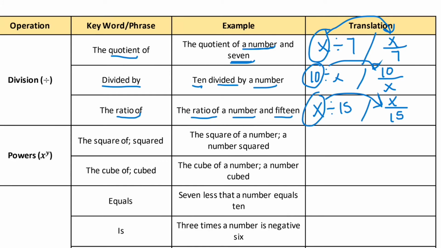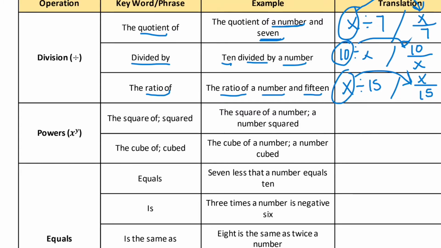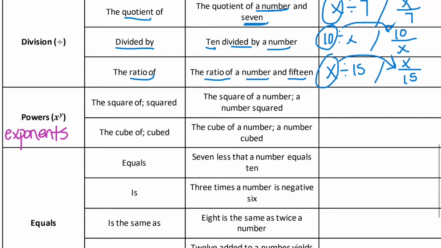Let's talk about powers. So powers are the same thing as exponents. And the most common ones that we'll be using probably are squared and cubed. So you probably already know that when you're squaring, you use an exponent of 2. So the square of a number would be x squared. If it says a number squared, same thing. But you may not know what cube is.